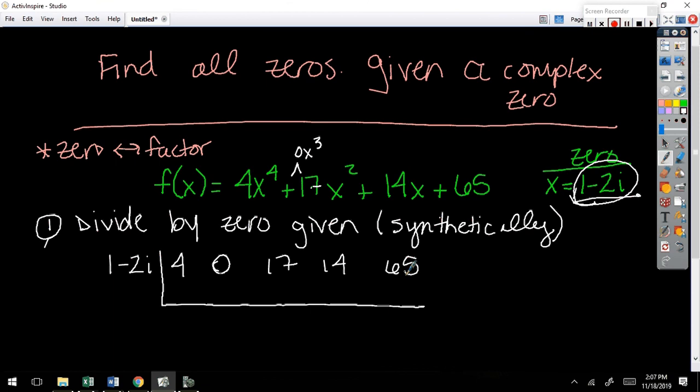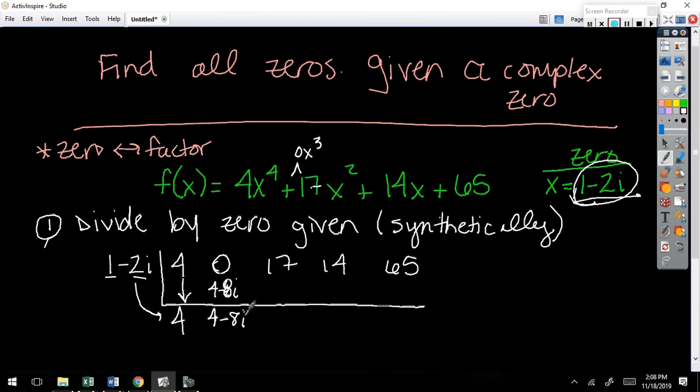And again, don't get caught up with how bad this looks, because the reality of it is, it's what you've already done. It's just going to be a little more complicated as you do it, okay? Multiply around. So the 4 has to multiply to both of these pieces, so it's 4 minus 8i, right? When I add this together, I get 4 minus 8i. Now, here's where you get into a lot more work.